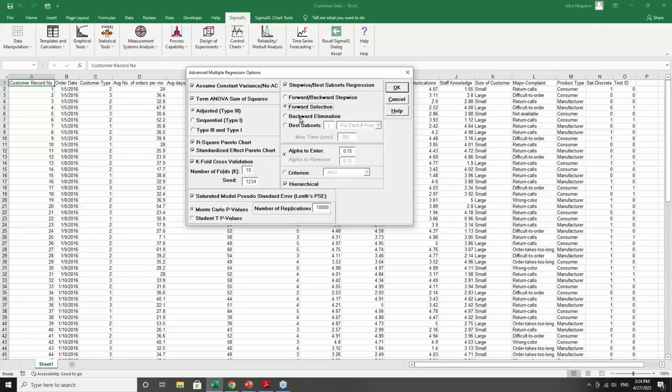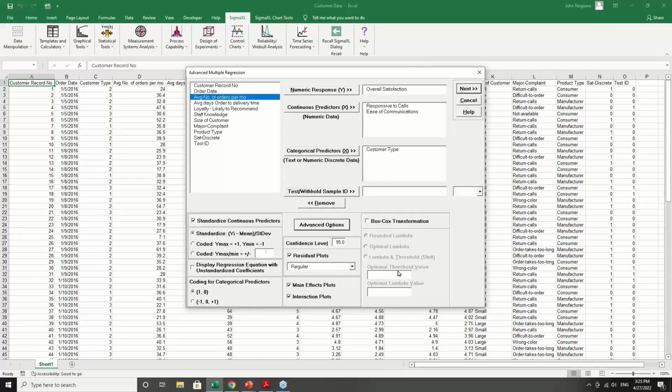But what we want to do is use forward selection and select the criterion, and I'm going to use R-square predicted. Remember in my tips, I said R-square predicted is a good one to use for forward selection. You can also use AICc or BIC, but we're going to start with R-square predicted. Less pseudo standard error is not applicable; that's only used for saturated models. And we will go ahead. So, okay, forward selection, R-square predicted.